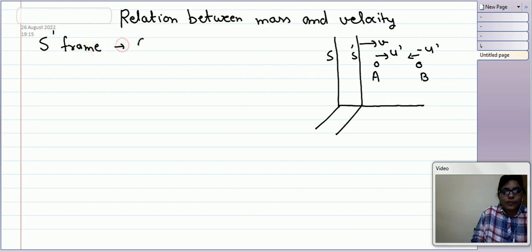In the S dash frame there is a collision event between identical particles.